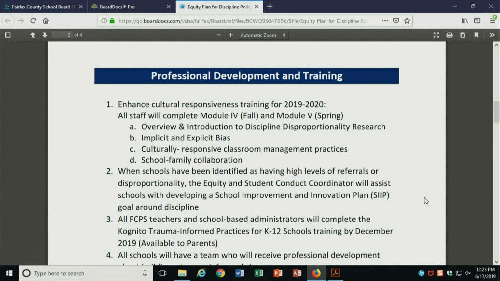We need to help all staff have an overview and introduction to discipline disproportionality research, really understanding what that means. You heard a lot of it today, and if we're going to begin to help support this effort, we need to understand more. What does that look like? We heard from all 3 reports the need to look at bias, so implicit and explicit bias.